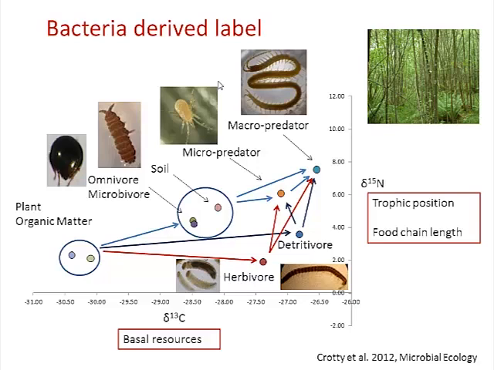So we have to do it slightly differently. What we could show, with a pretty good amount of resolution, was how fast and where the bacterial label was going. And so you can see it in the organic matter. You can see it appearing in the different groups of organisms.